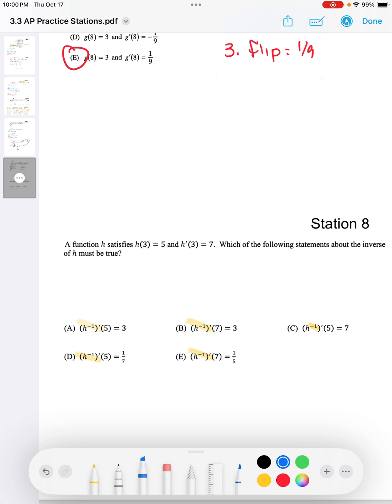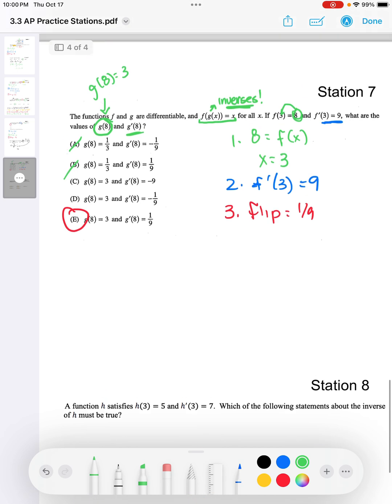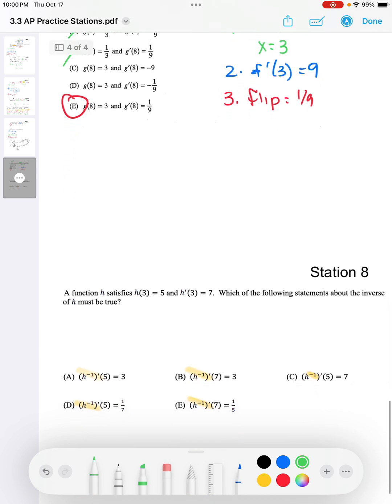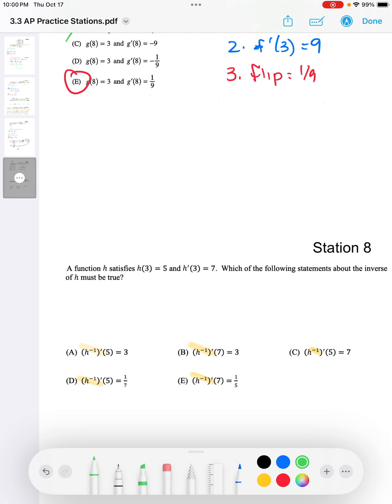Now, when we do our first step normally, every single first step that we have looked at, we always set the x value of the inverse equal to the y value on the function. So if I would be looking at the inverse, I need to use the y value on the function.